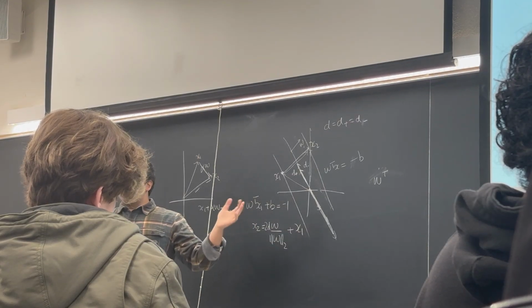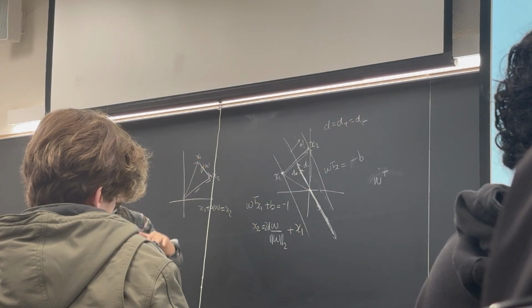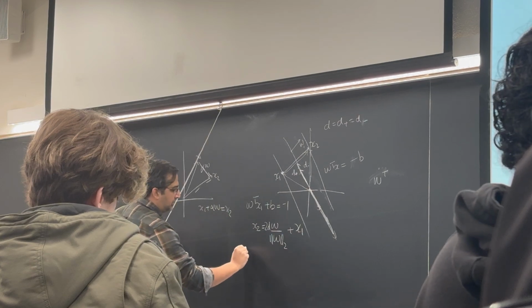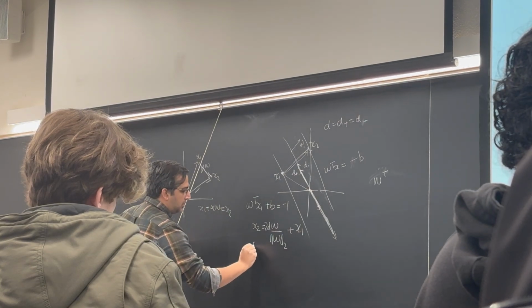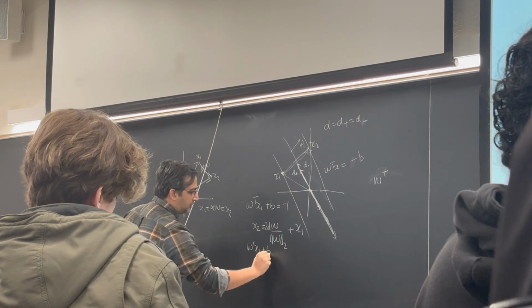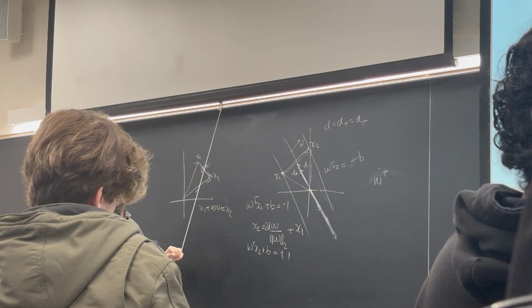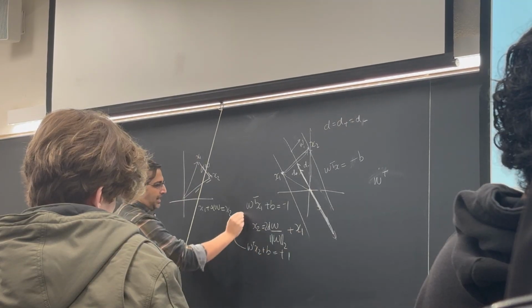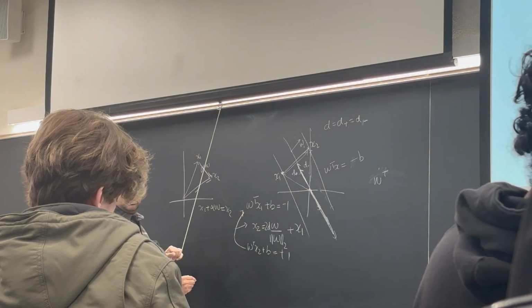Now x2 lives on the rightmost hyperplane, whose equation we also have. It's this, right? And now I can combine these three equations.